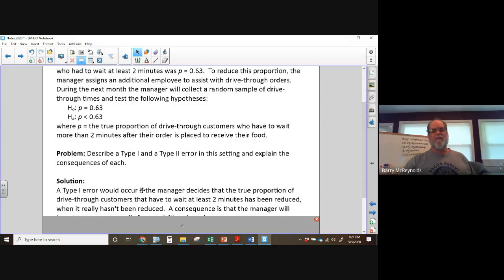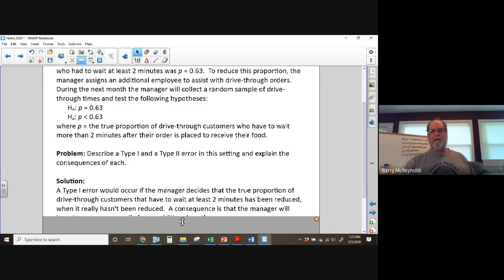And if that p hat value causes him to conclude that the proportion of customers who have to wait has been reduced when it really hasn't been, then that's type 1 error.